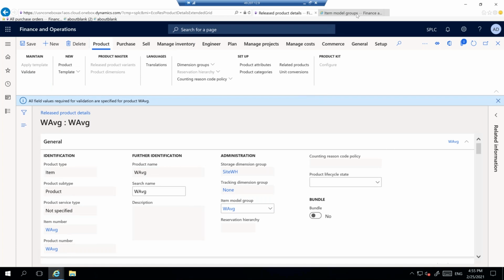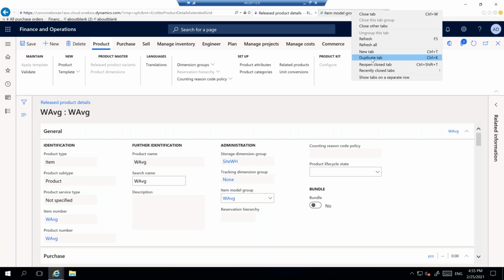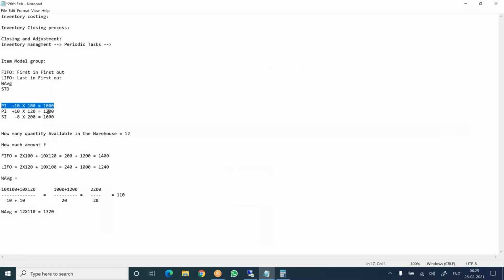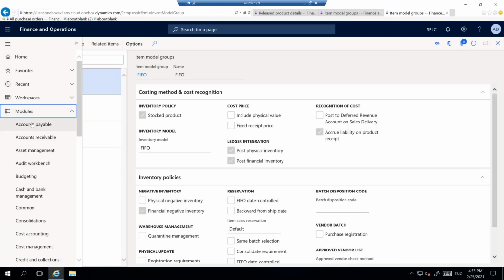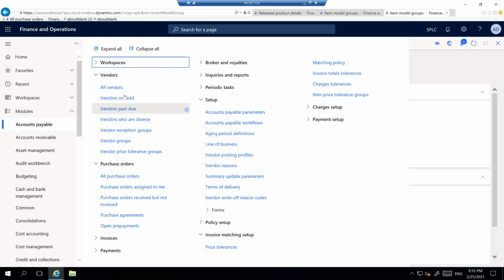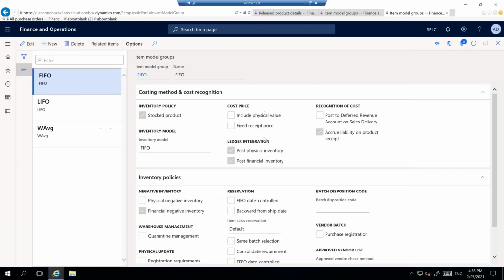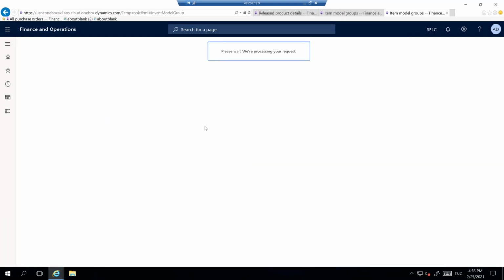Now I'm creating a new purchase order invoice. We know the purchase order creation process. We can do it from AP or Procurement and sourcing, any module.